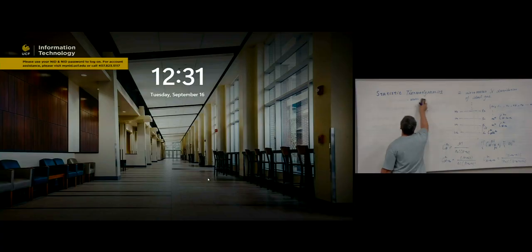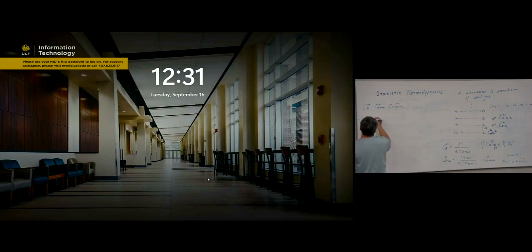The whiteboard is so small. So we know that C(N, N0) times C(N minus N0, N1) times C(N minus N0 minus N1, N2).